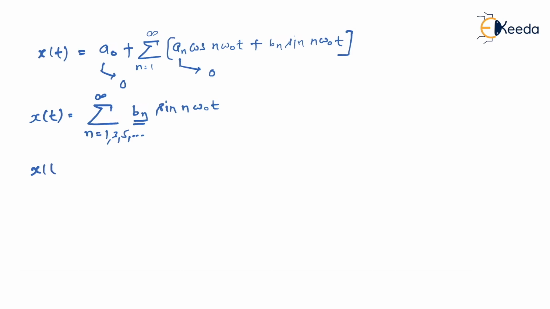Further, I can expand x of t. The value of Bn, please don't forget, was 40 upon n pi for n being odd.